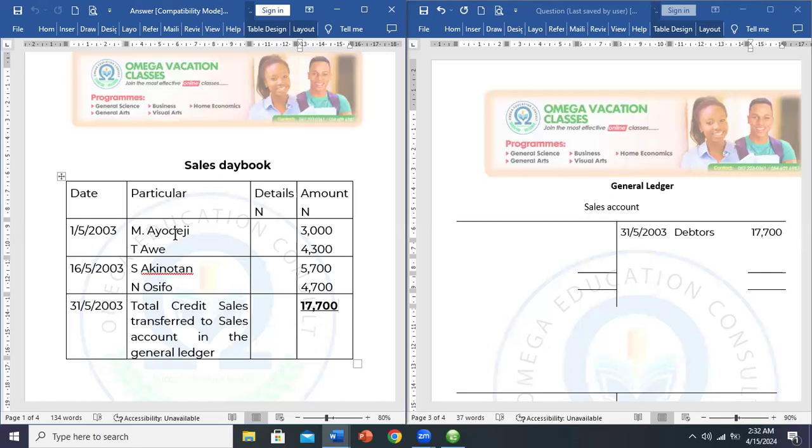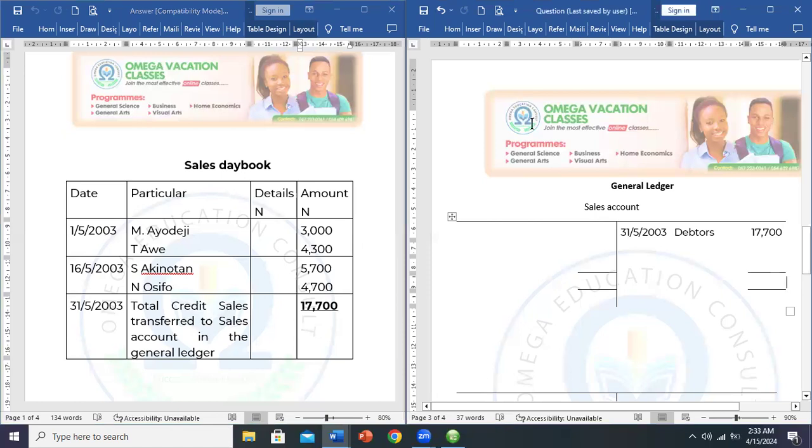You credit sales and you debit M. Ayodeji, right? Same for T Away. You credit sales and debit T Away. You would credit sales and debit S. Akinota. And finally, you credit sales and debit N. Osifo.